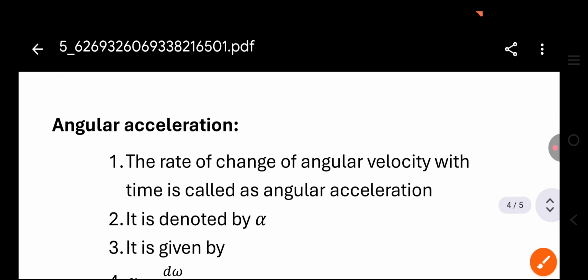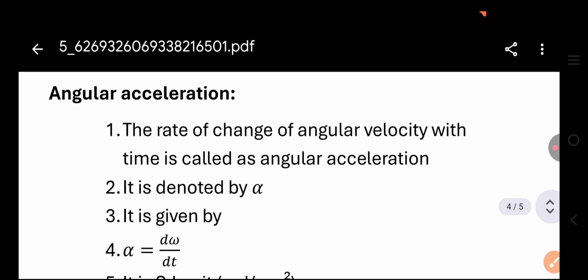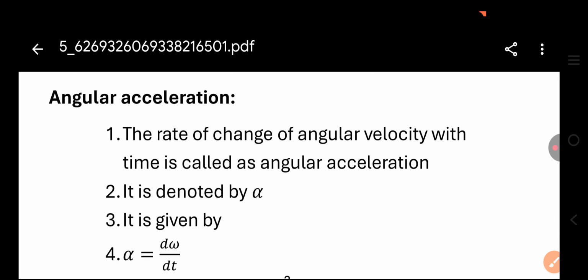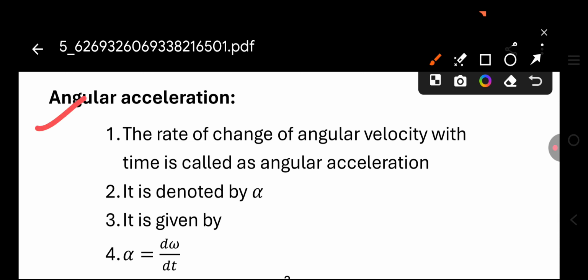Now another definition, angular acceleration. The definition of angular acceleration is the same as the definition of linear acceleration.